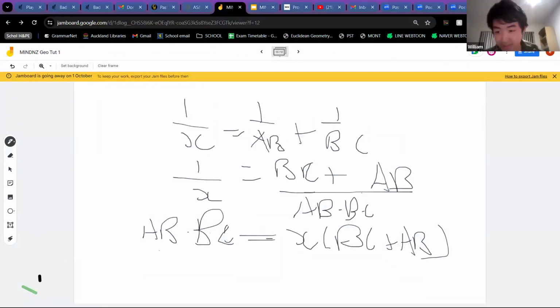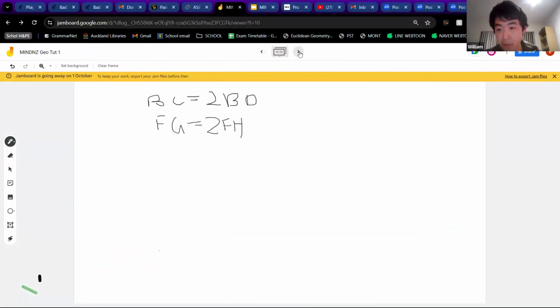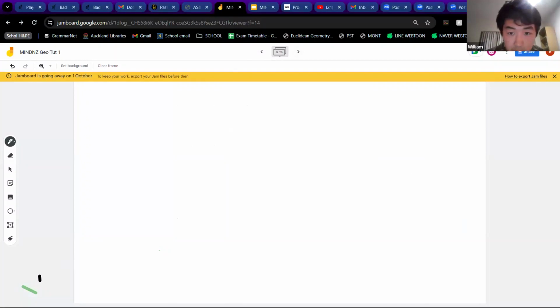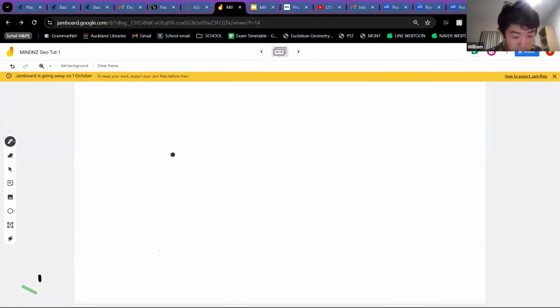Wait, guys, I'll go over the solution. Ethan, can you open the Jamboard? Just go to the first page. Okay, so I'll just redraw the diagram. So this is my triangle here, ABC.